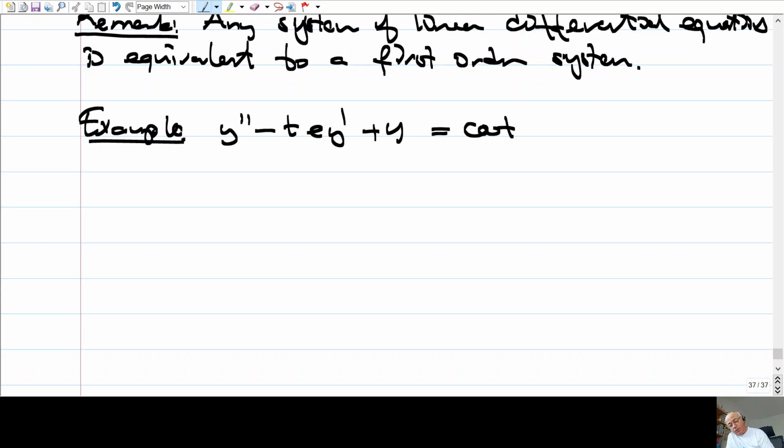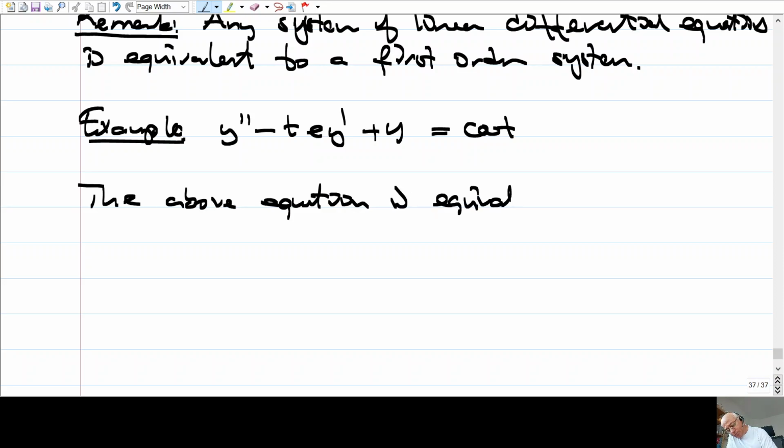Şimdi bakın bu ikinci dereceden bir denklem. This is a second order linear differential equation, but this is equivalent to a first order system. How? Okay, this is the above equation is equivalent to a first order system.